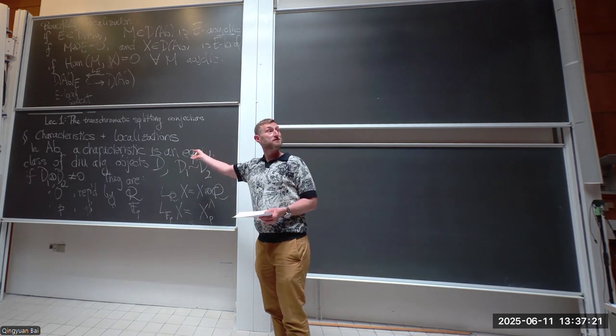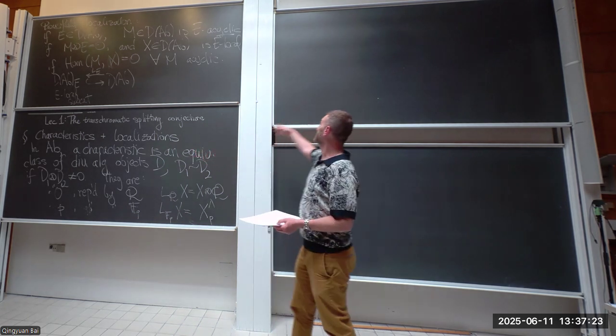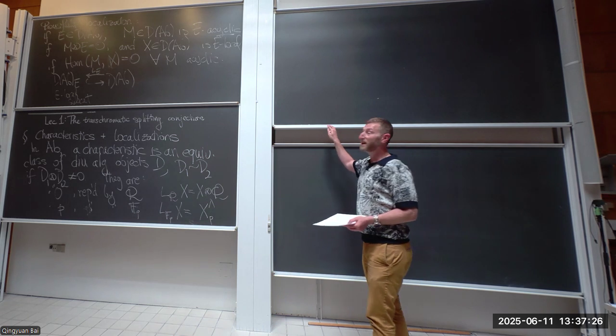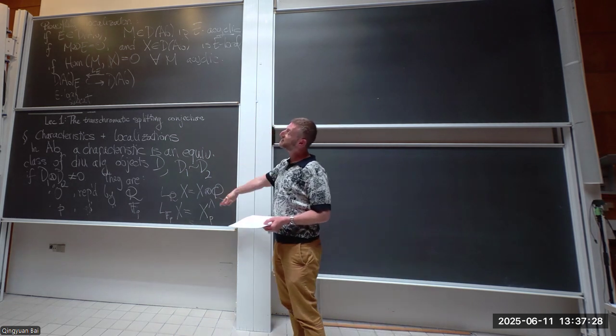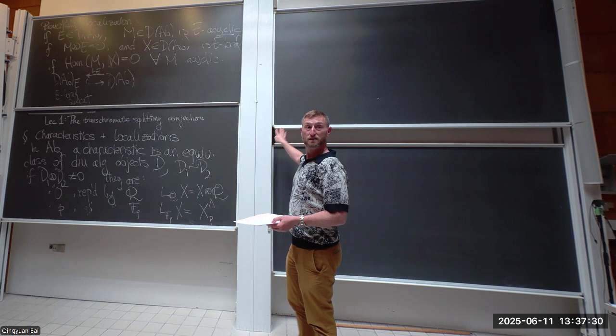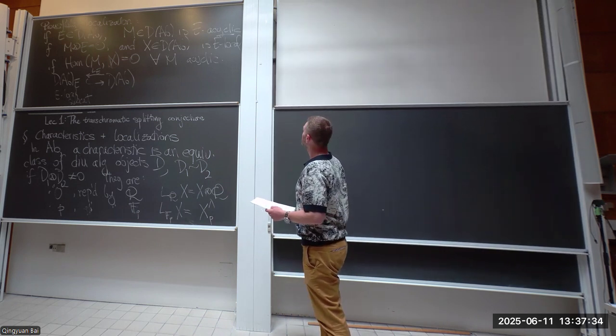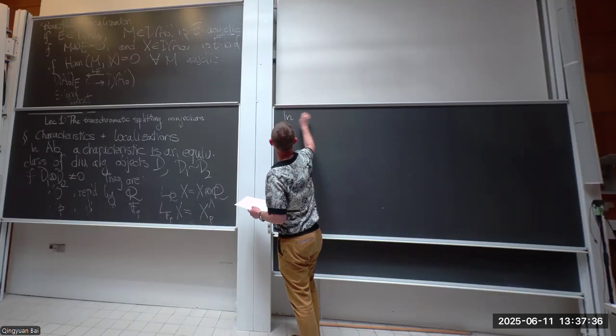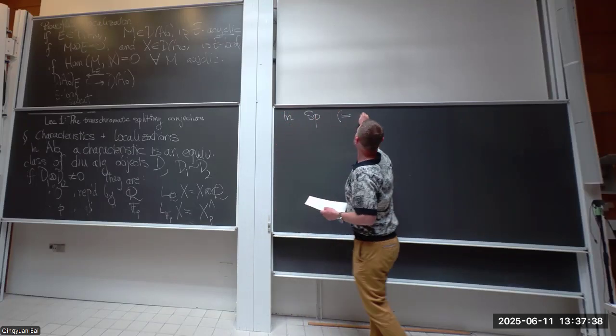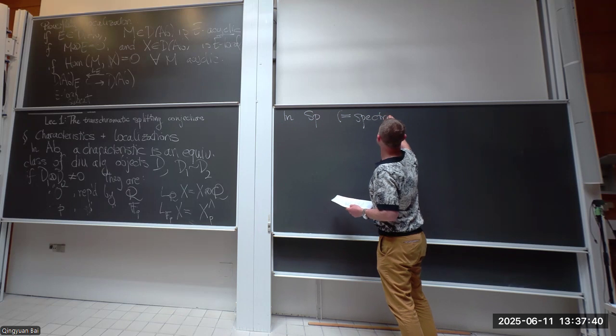So if that's okay, I'd like to move from this over to the category of spectra, and just review what the characteristics are in that situation. Let's consider now SP, the category of spectra.